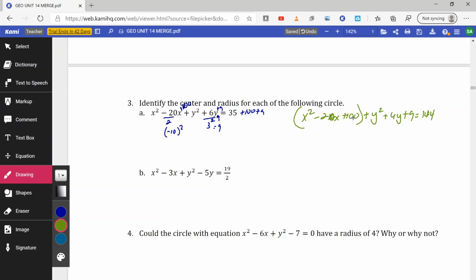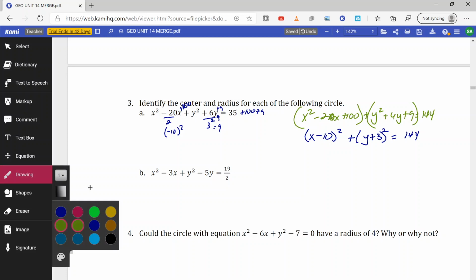So if I look at the trinomial for x and the trinomial for y, the letter we're dealing with in this part is x, and the number we got when we cut in half was minus 10 squared. And then same thing with the y. The letter we're dealing with is y. When I cut 6 in half, I got a positive 3. And squaring that is 144.